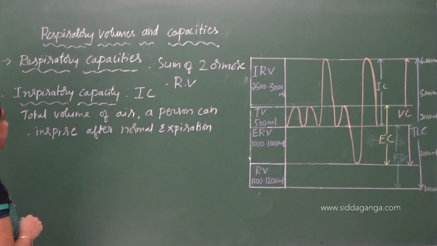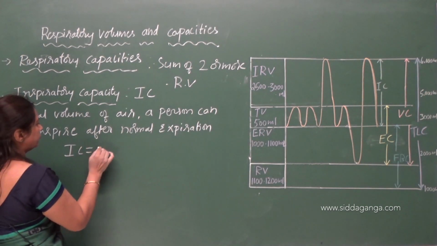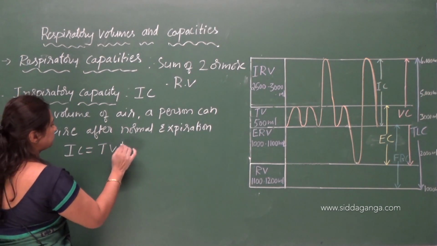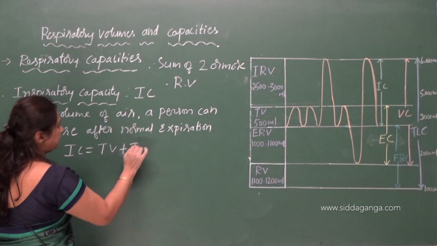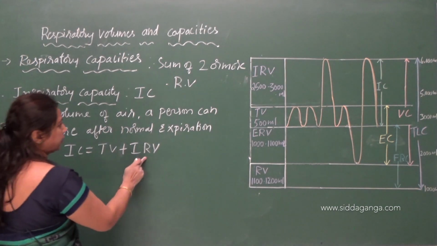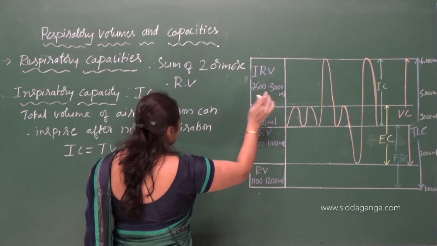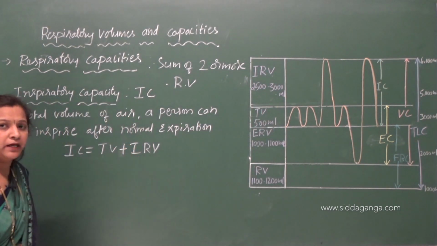As I said, inspiratory capacity IC is the sum of TV plus IRV. So this is TV and this is IRV. The sum of these two gives the inspiratory capacity.